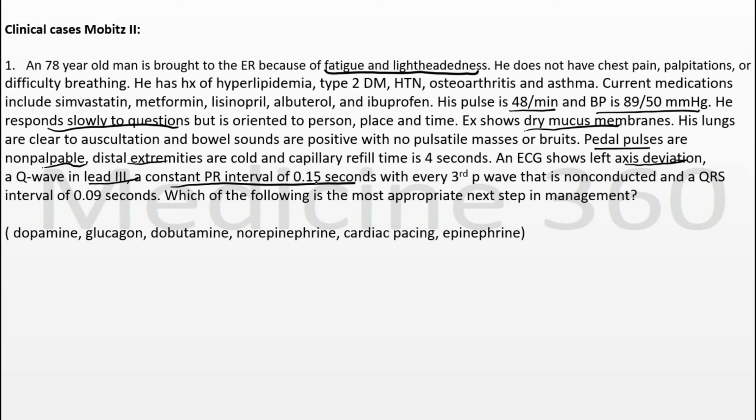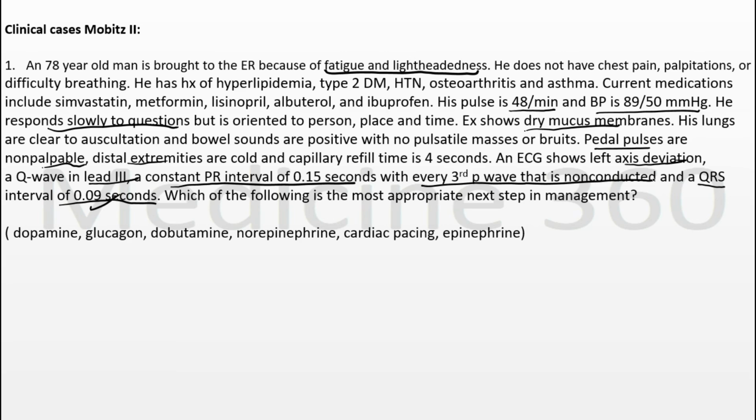Then it also mentions the QRS complex interval of 0.09 seconds, which is also normal because the normal QRS complex is 2 to 3 small boxes, which is 0.08 to 0.12, and it lies in the normal range. Then he said to us that every third P wave is non-conducting.